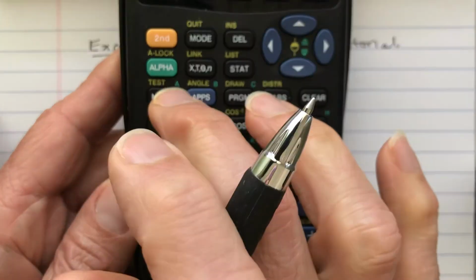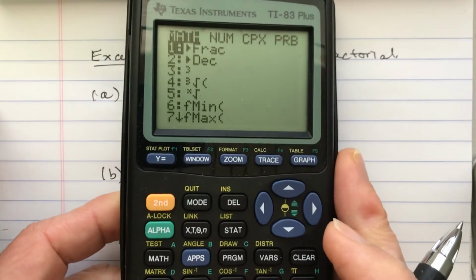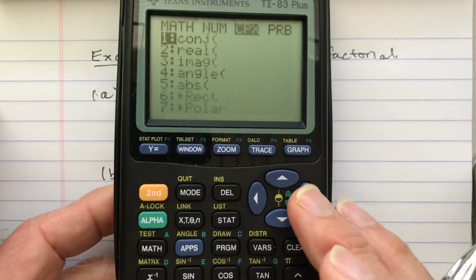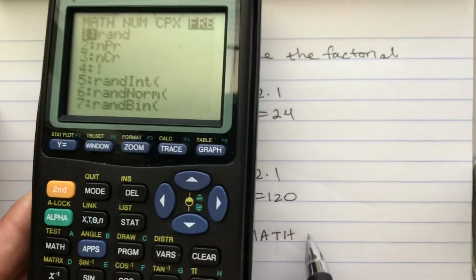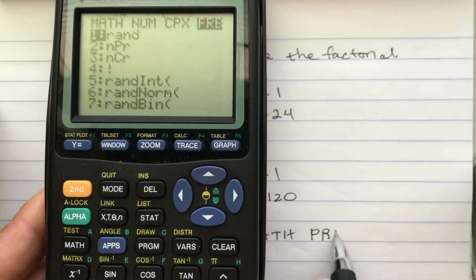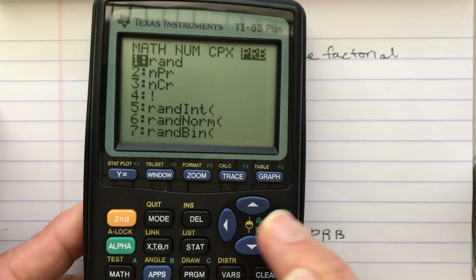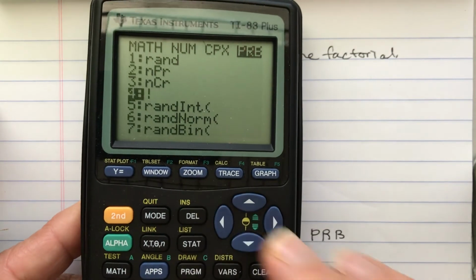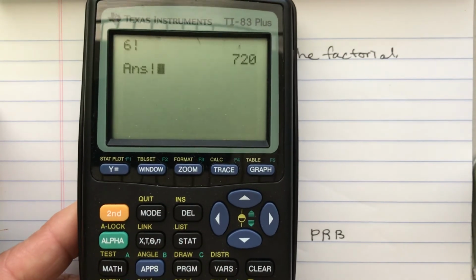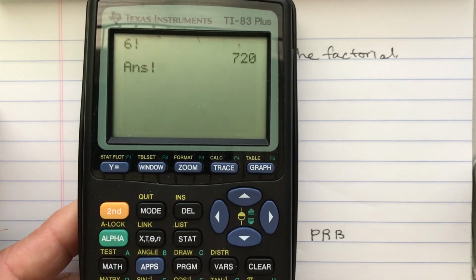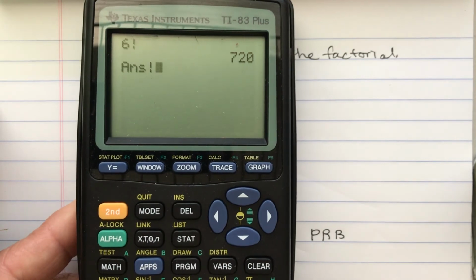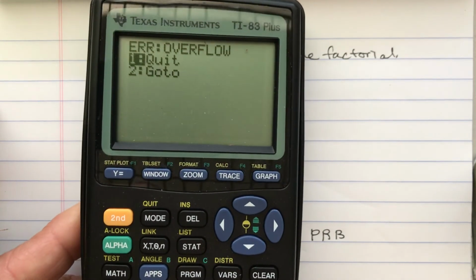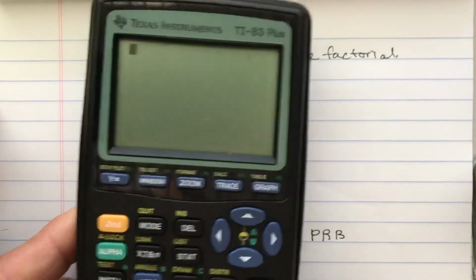And then after you do Math, you're going to go over to PRB. And then you scroll down to 4, which has the factorial, which is an exclamation point. And you press Enter. Well, I did that wrong. Let me try it again.